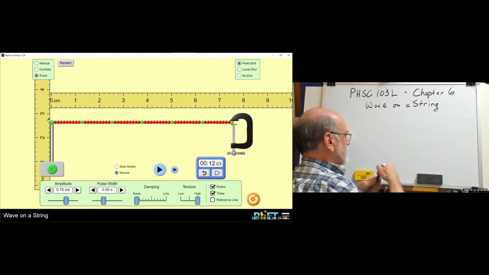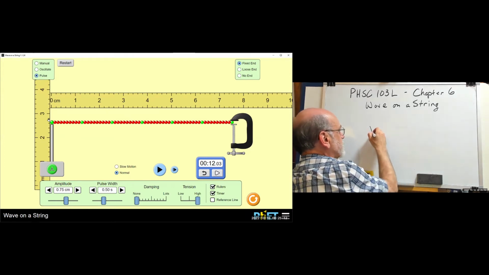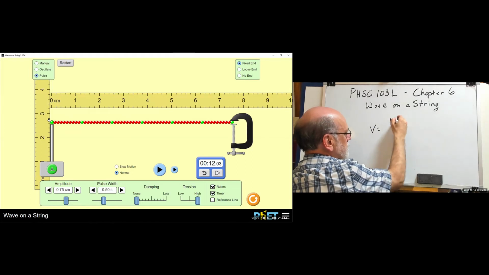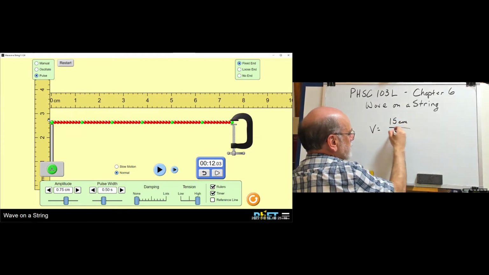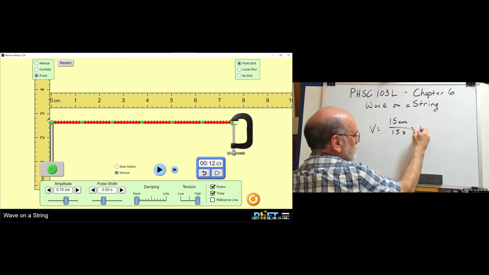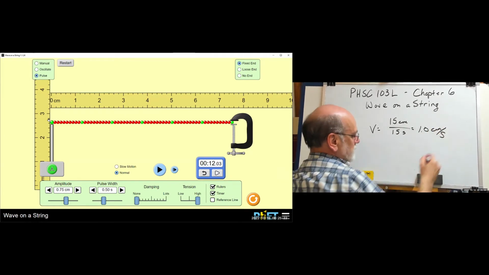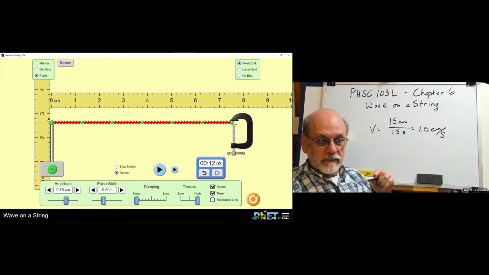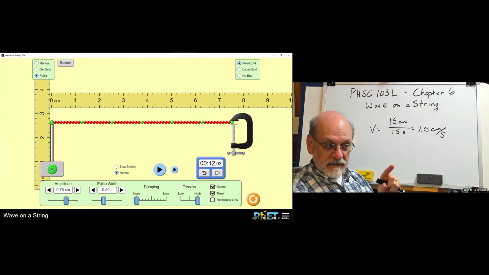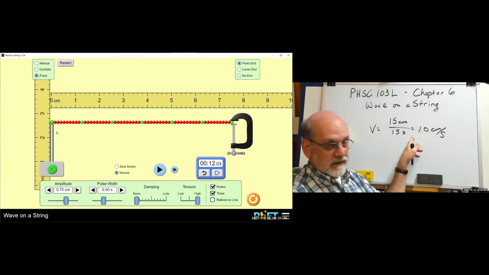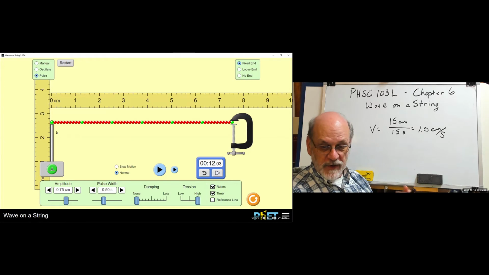So the speed of the wave, we're going to call it V, 15 centimeters in 15 seconds equals 1 centimeter per second. Okay? And do that for the rest of them. Now, you can answer question 10. How does tension affect the speed of the wave in the string? You do those calculations and you'll see how the tension affects the speed of the wave.